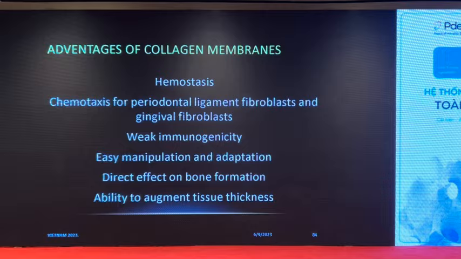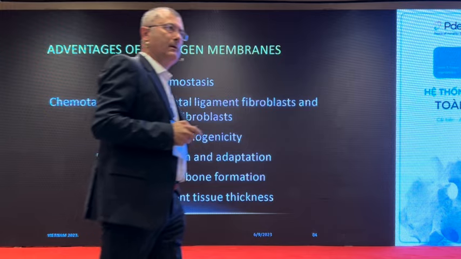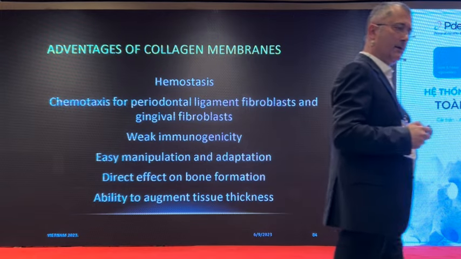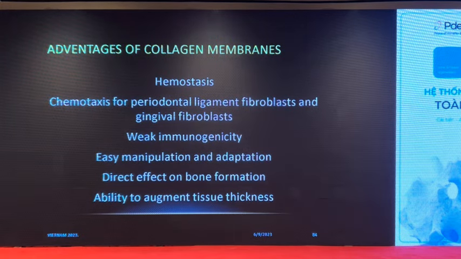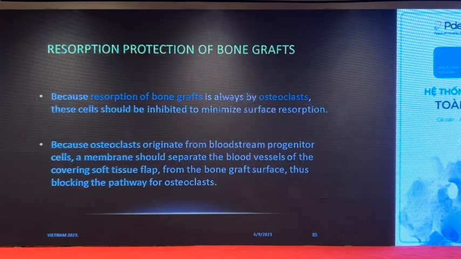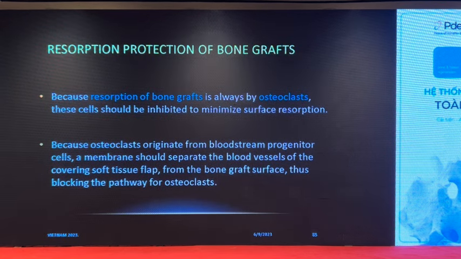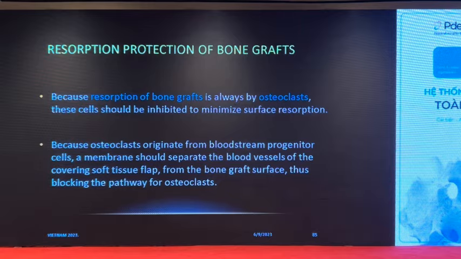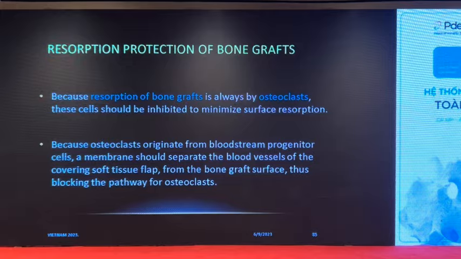Dr. Serhat already mentioned how important it is to have proper tissue thickness, because resorption of bone grafts is always a risk. Osteoclasts, these cells should be inhibited to minimize surface resorption.